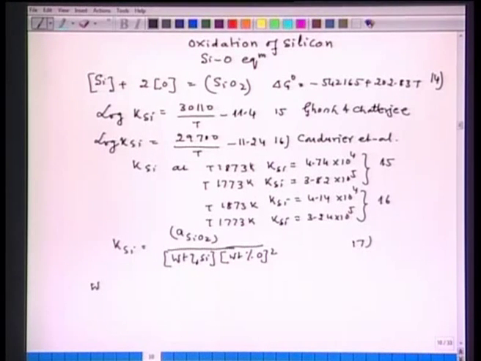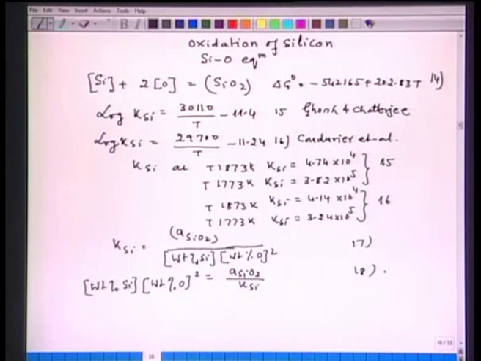Now, if I write weight percent silicon into weight percent oxygen square, that is equal to activity of SiO2 upon K silicon. Let us put this as equation 18. So, we can see that oxidation of silicon is favored at low temperature.